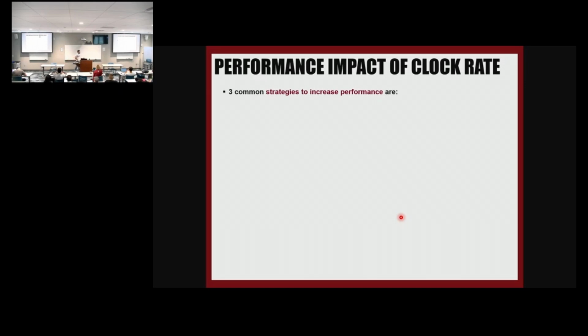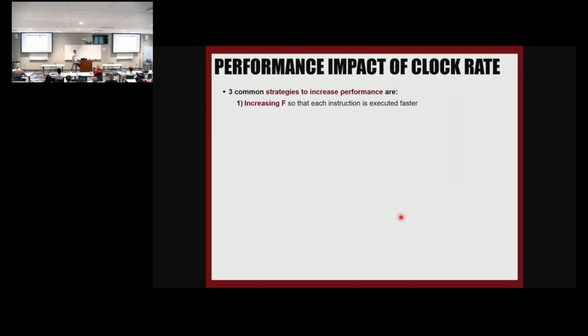If we just want to talk about the clock, how do you think we can improve the performance by modifying the clock? Go ahead. Increase the clock rate. If we increase the clock rate, we're going to have lower execution time.